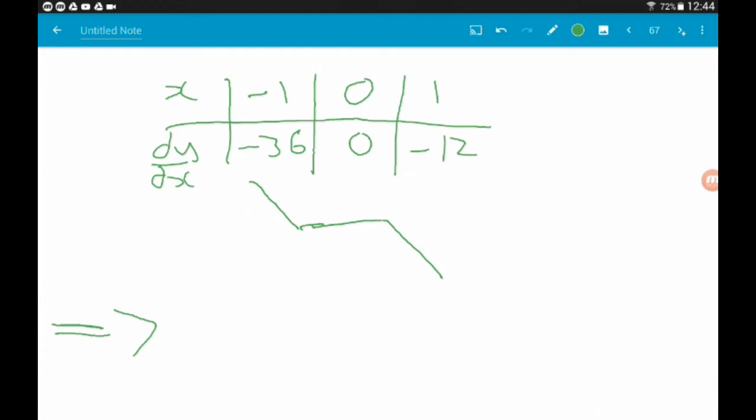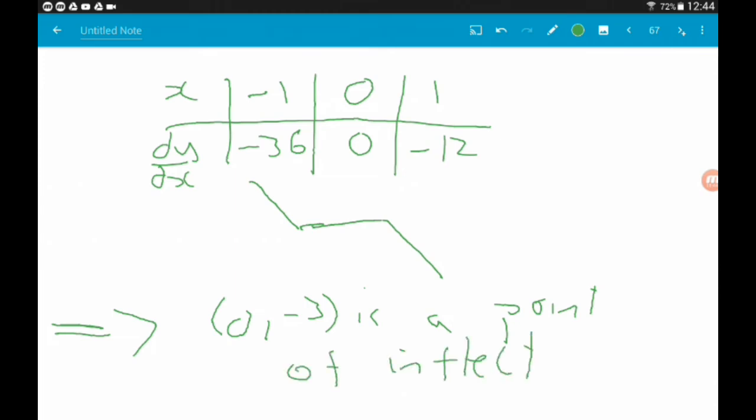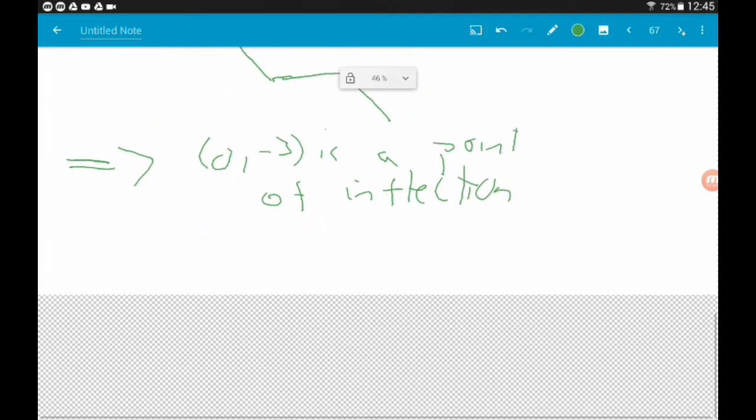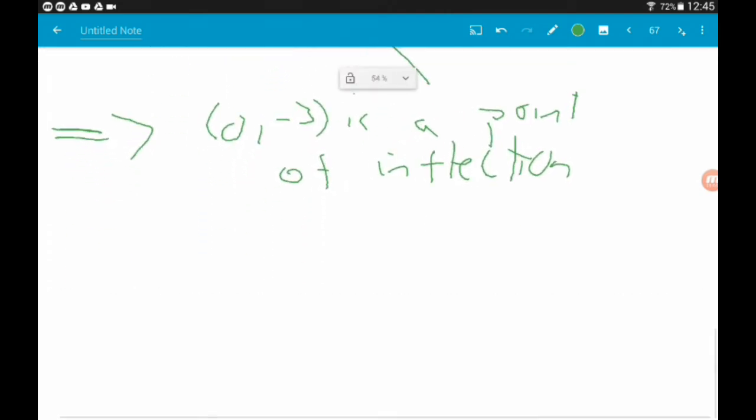So therefore 0, minus 3 is a point of inflection. Good times.